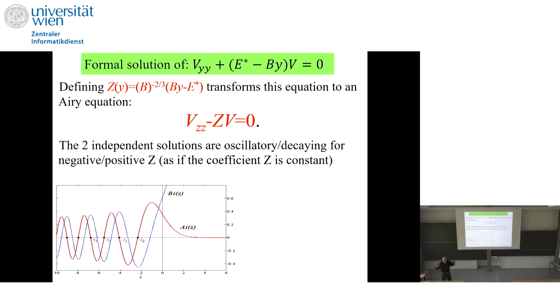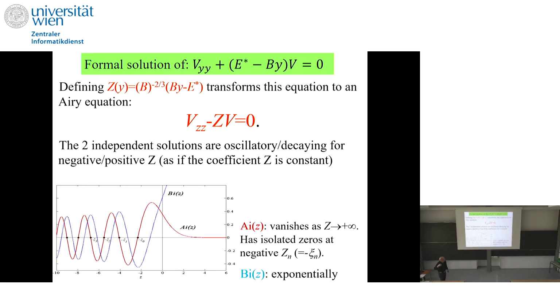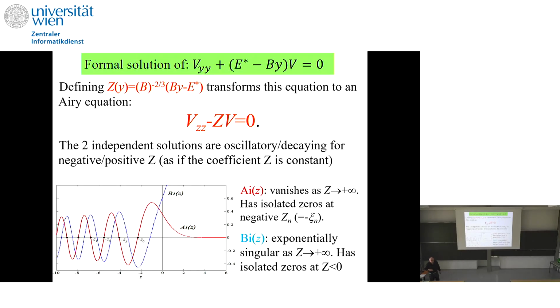These are the characteristics of the two linearly independent solutions of the Airy equation. Okay, this goes back to maybe the beginning of the 20th century. Abramowitz and Stegun summarized it all in the 1970s, right? So it must be prior to 1960 or so that people knew about it.